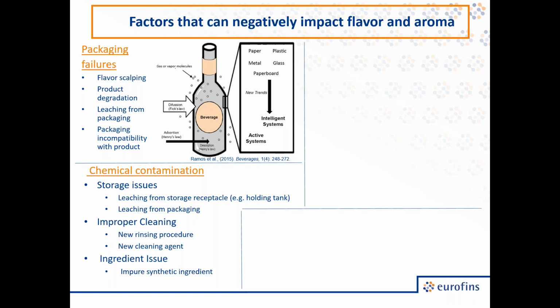As well, contamination can come from an ingredient issue. Perhaps one of your ingredients is contaminated from a different source, or you, say, for example, have changed supplier, and now you just have a change in the overall profile or flavor of your ingredient and therefore your product. Related to chemical contamination, we can also have chemical spoilage.